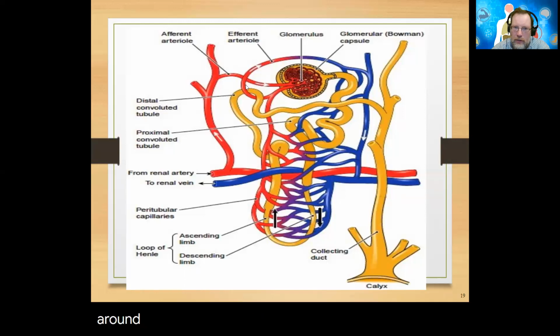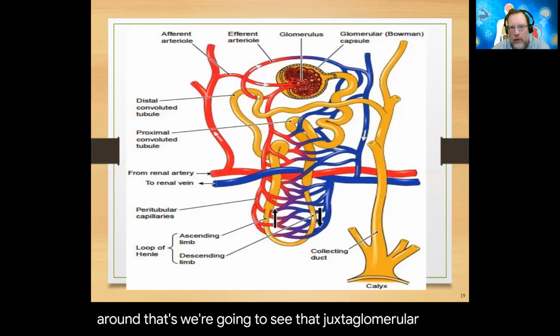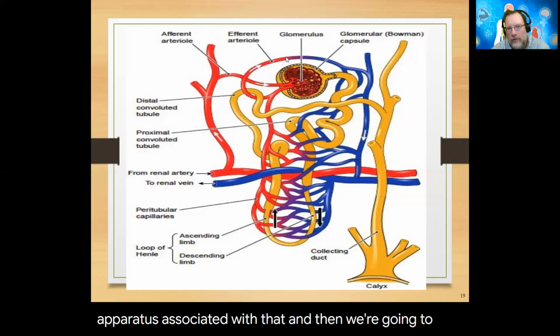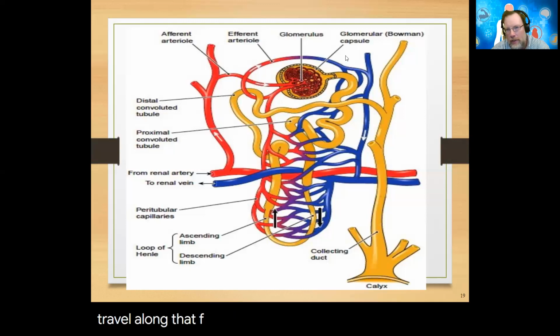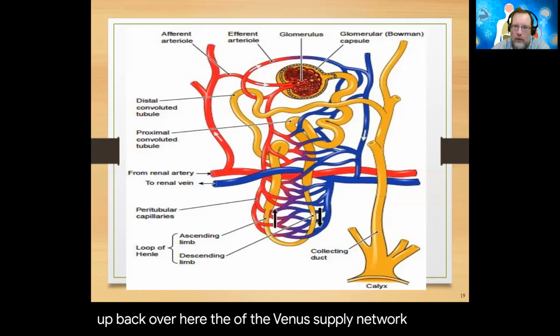We're going to see that juxtaglomerular apparatus associated with that, and then we're going to travel along that efferent arteriole, and we're going to end up back over here in the venous supply network, ultimately to the renal vein.